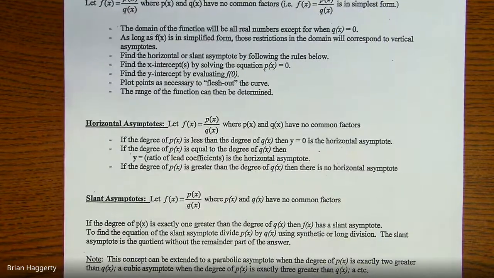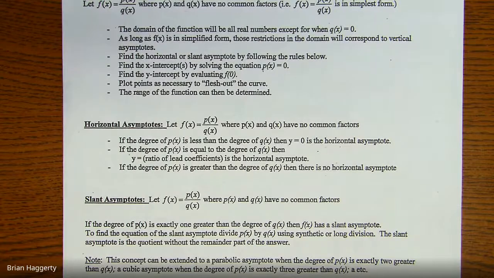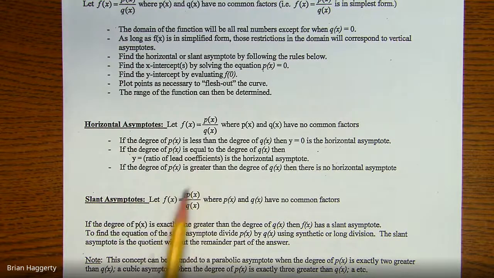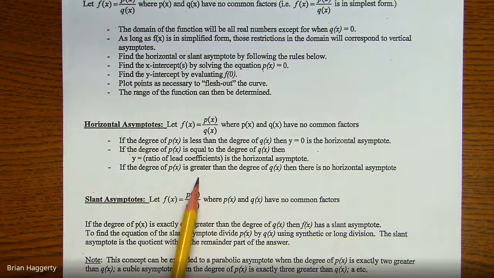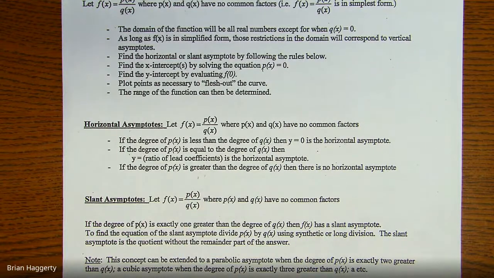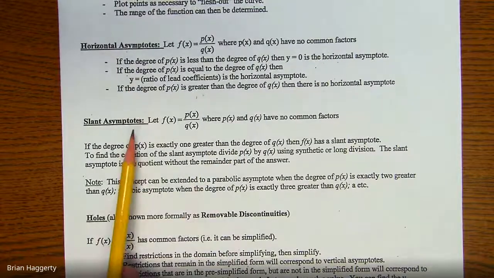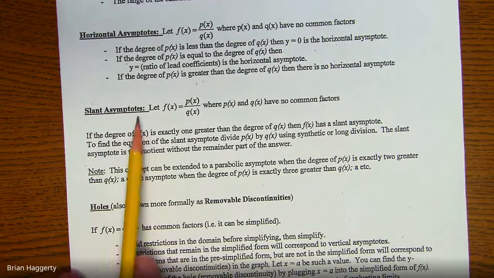One of the important things you have to do when graphing and finding the key features is identify the horizontal asymptotes, if there are any. We have very specific rules which are listed here, and we'll review them with the examples on the other side of the page. Now, instead of a horizontal asymptote, sometimes your graph has a slant asymptote.